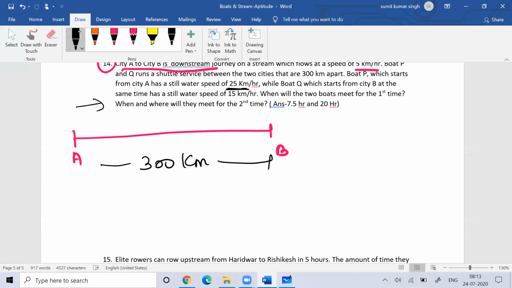So how will I represent that? The speed of boat P in still water is 25 kilometer per hour.